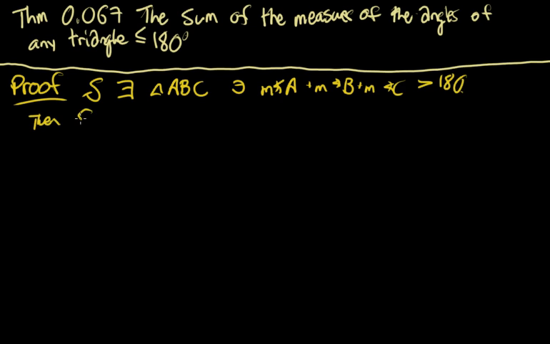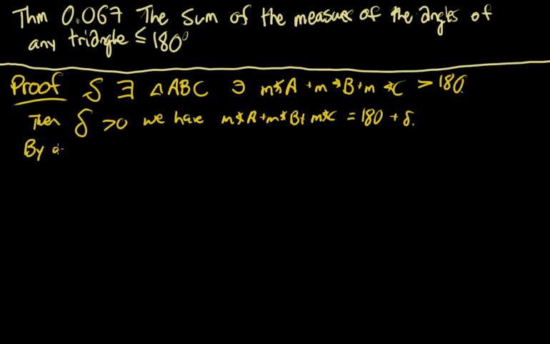Then there exists some small number, which we denote by delta, so there exists some delta greater than 0. We have measure of angle A plus measure of angle B plus measure of angle C equals 180 plus delta. And delta doesn't have to be a small number here, but it typically is thought of as a small number.